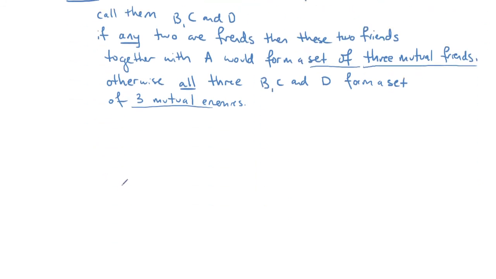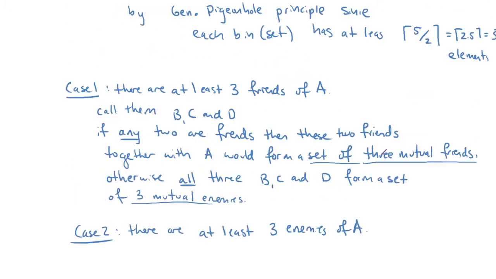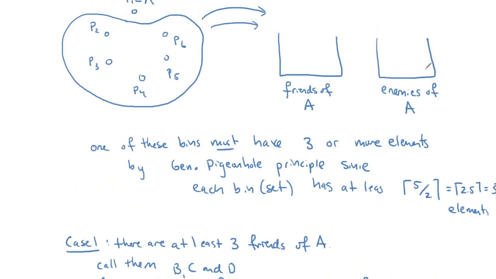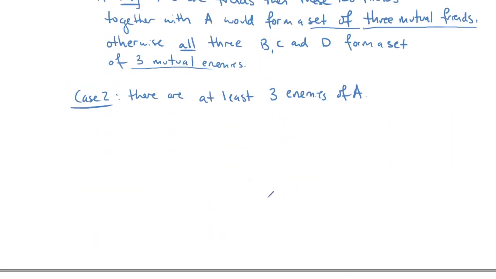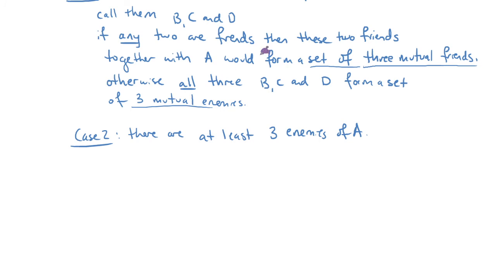Case 2 is pretty much the same idea. Case 2: there are at least three enemies of A. That's assuming that you were in the other case, that this bin was the one that had at least three enemies of A. In that case, you can pick any three of them.